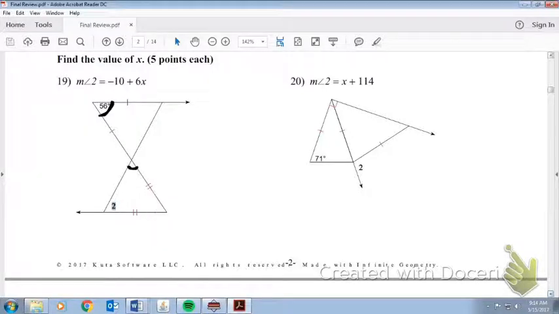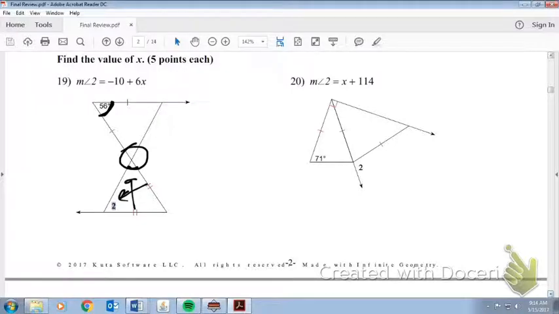So let's look at, it's an isosceles triangle. So we know that those two angles right there are going to be congruent. Because in an isosceles triangle, the two base angles, which are opposite from the congruent sides, are also congruent. We also know that those two angles are going to be congruent.